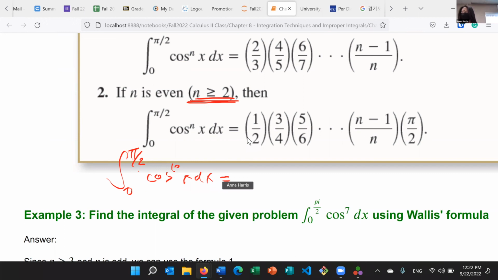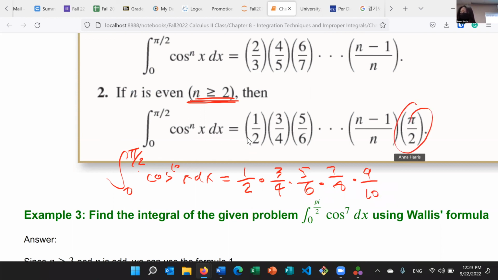Kobe, tell me, what do I need to do? Start with 1 over 2, then 3 over 4, 5 over 6, 7 over 8, 9 over 10. And then multiply by pi over 2. Yeah, that's your answer.